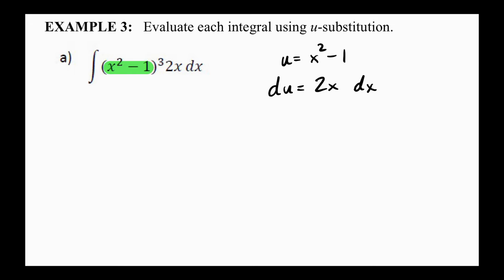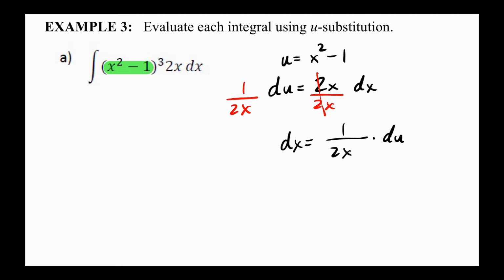Right now, it says du equals. I want it to say dx equals. So what do I need to do to say dx equals? There you go, right? So 1 over 2x. So I get dx equals 1 over 2x times du now. Step 4 done.